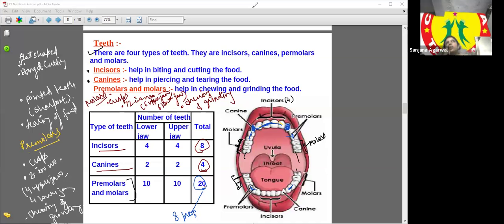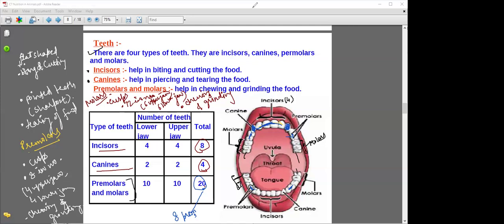Okay. Now let's talk about the structure of a tooth. Let's come back to human beings only, our tooth. Consider a single tooth. Is the tooth only the part which we can see in the mirror, or is there also some structure inside the teeth?